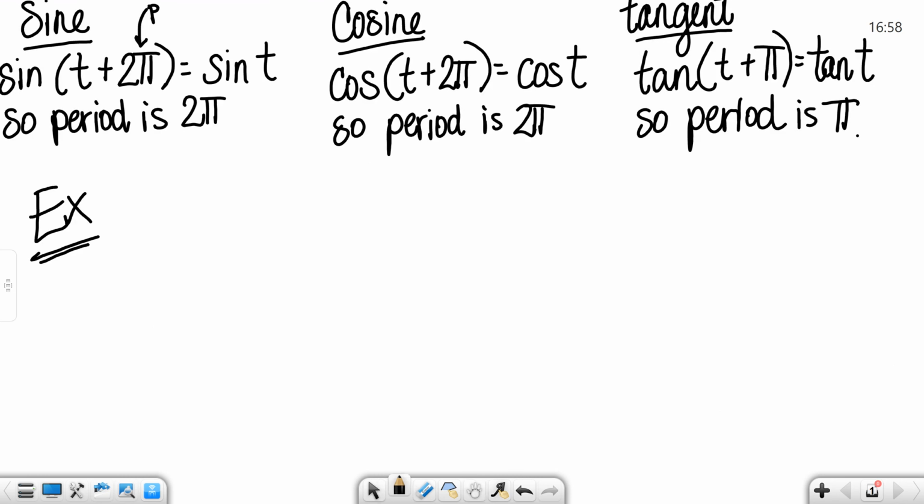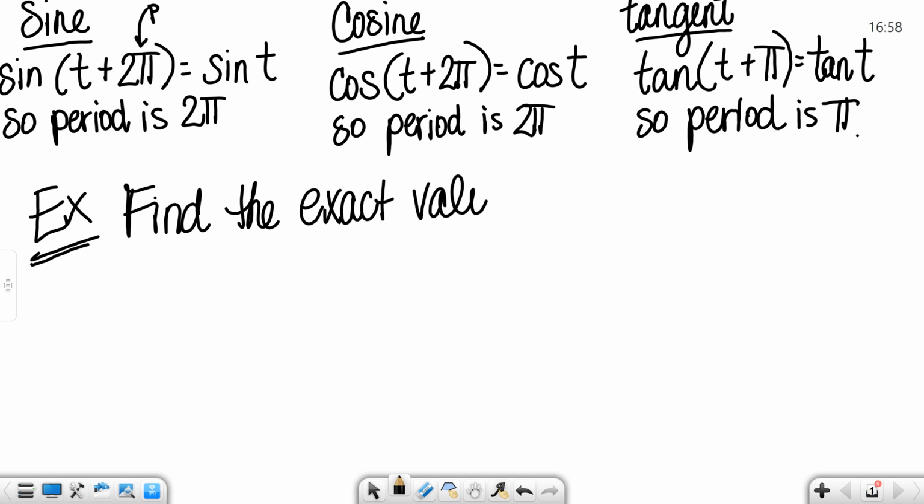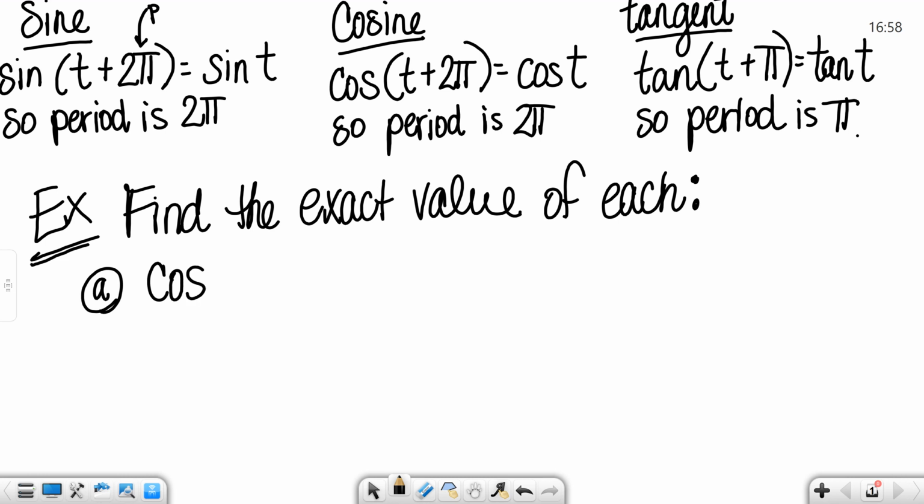So this is our last set of examples. Again, our directions are find the exact value. So calculator's not going to do me any good. All right, so let's start with the cosine of 405 degrees. Now if we tried to do reference angles, that's kind of what we're working with here, but we're going to use this idea right here.